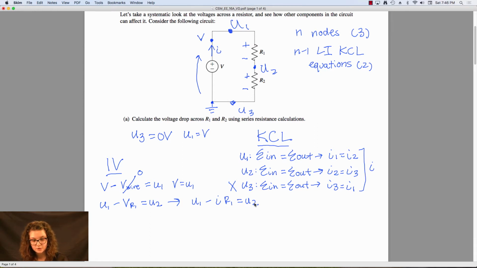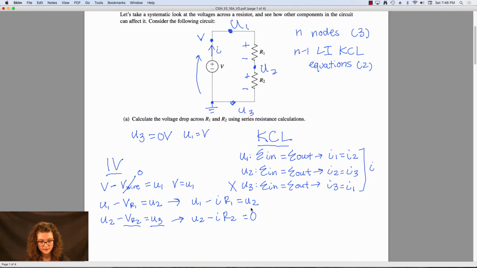So then we can go from U2 to U3 similarly. U2 minus VR2 is U3. We can do a couple substitutions here. We can replace VR2 with Ohm's law, and we can also use U3 being 0, ground. So U2 minus IR2 is equal to 0.